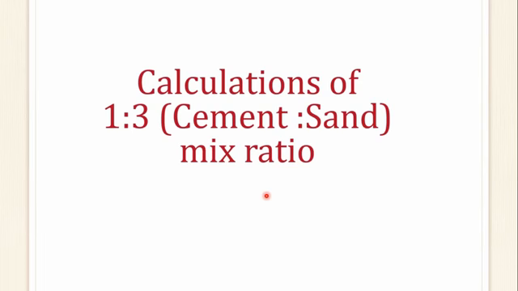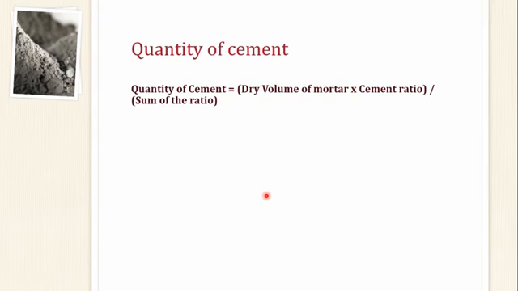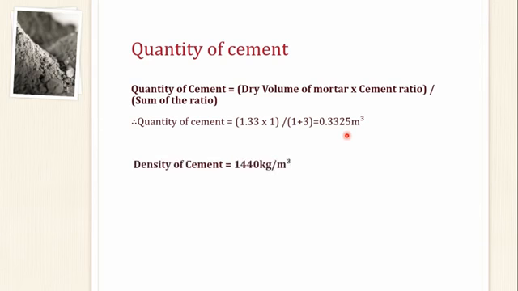Now let's see the calculation of 1:3 ratio. As we know that quantity of cement equals dry volume of the mortar multiplied by cement ratio and divided by sum of the ratio. And here dry volume will be the same, that is 1.33, and the ratio will change, that is 1 plus 3. 1.33 divided by 4 gives us 0.3325, and multiply this with density, then you will get 478.8 kg.